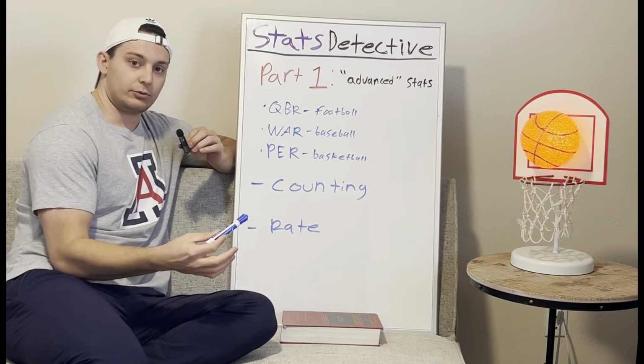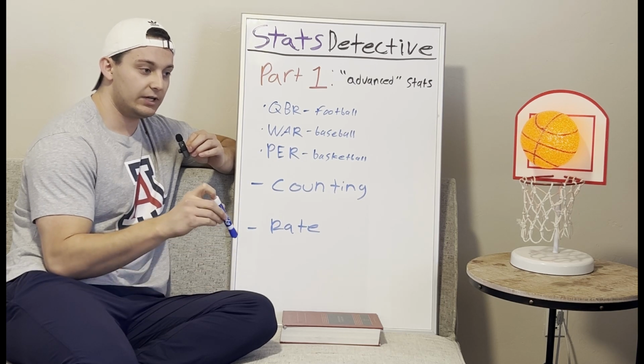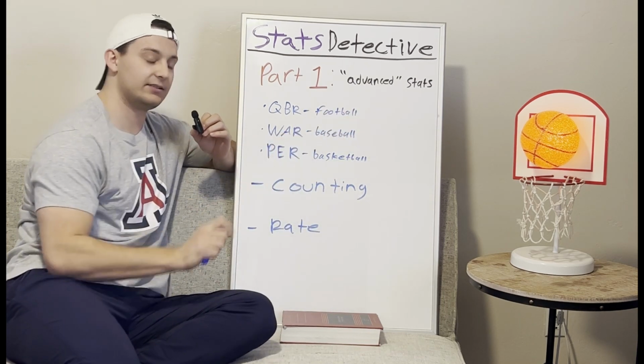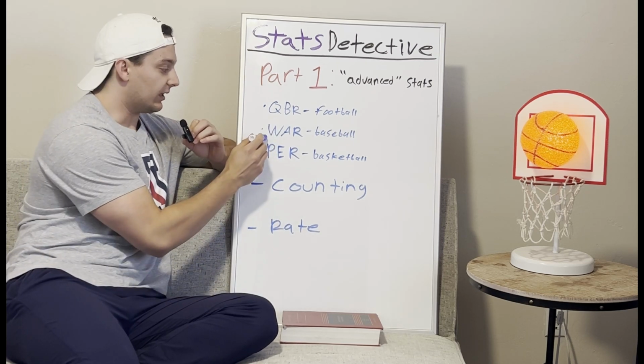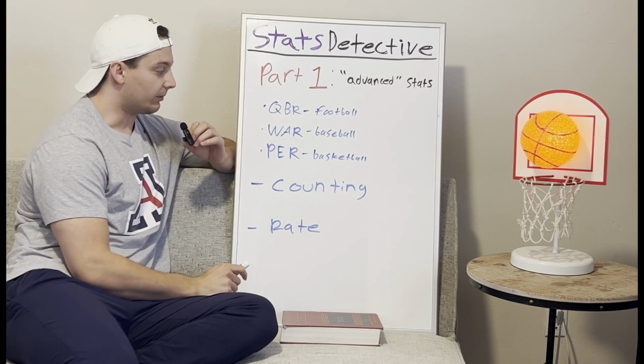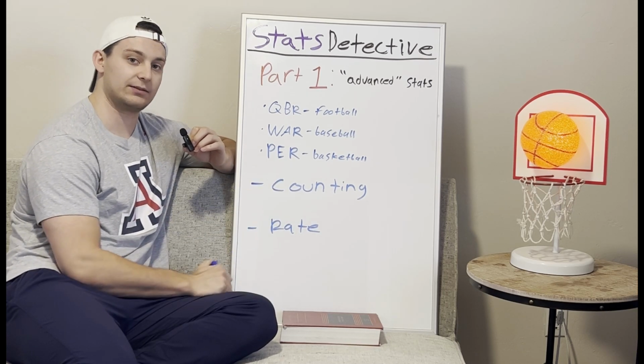Once you get beyond simple rates, simple division, simple multiplication, you get into advanced statistics. These are things like QBR in football, things like WAR or wins above replacement in baseball, and things like PER or player efficiency rating in basketball.